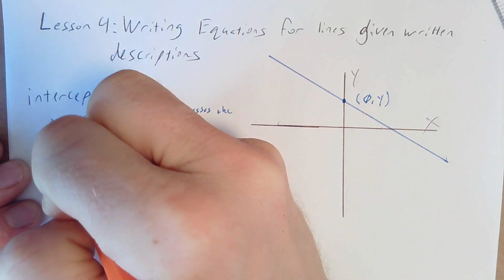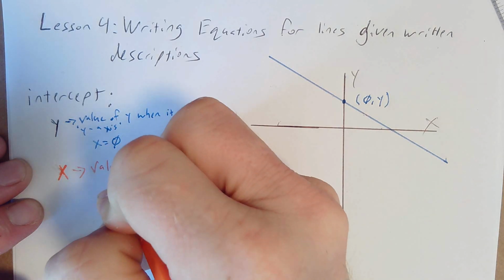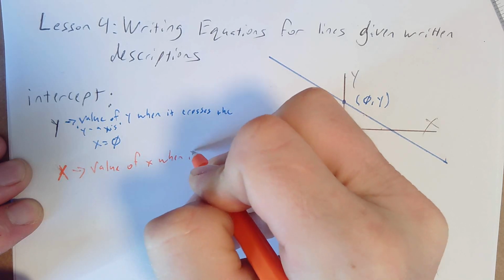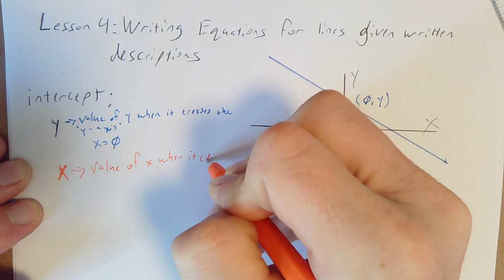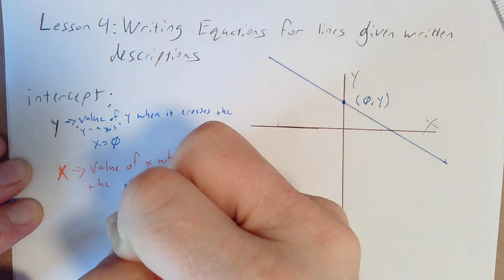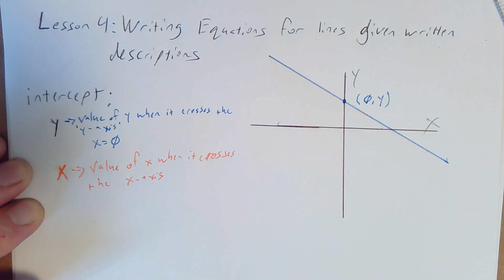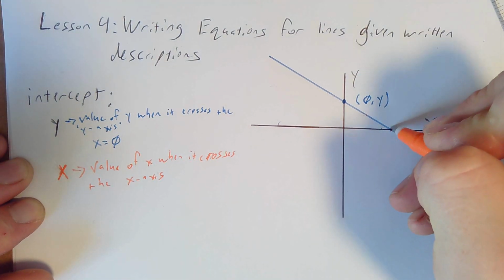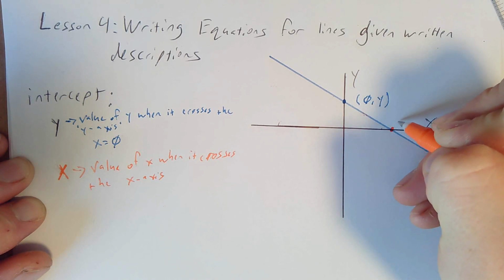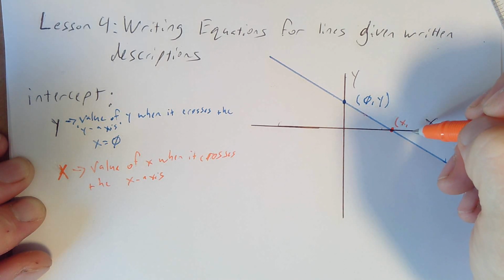Our x-intercept is the same thing: it's our value of x when it crosses the x-axis. So here this would be our x-intercept, and this would be x, comma, and what is the y value?